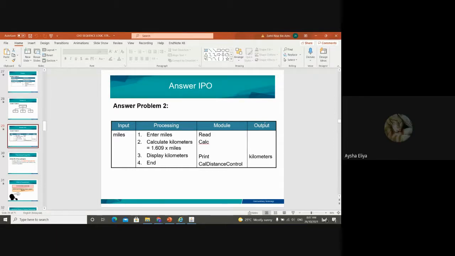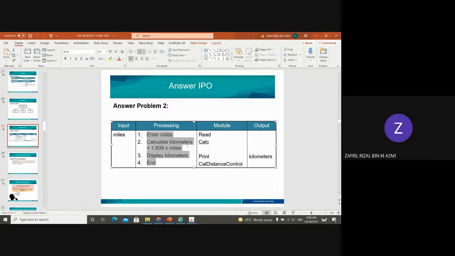Input and output? Processing. Okay, processing. Input and output are also important over here, but they just show the variables. Related variables. Recall back, this is the possible modules that we can put in our design, and these are the list of instructions.